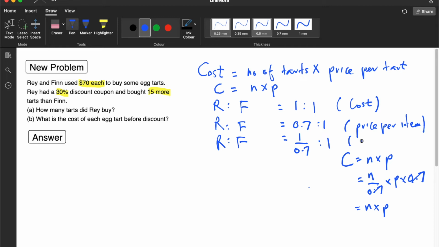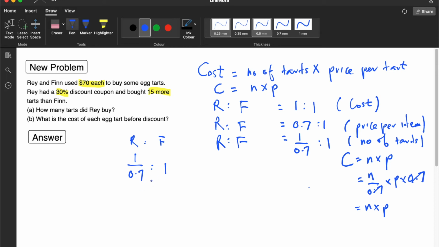This is in terms of the number of tarts. Okay, so now let's work on this last ratio because that is what is going to help us in answering the question. So 1 over 0.7 is to 1. This is Ray, this is Finn.